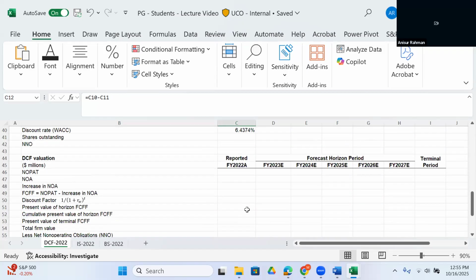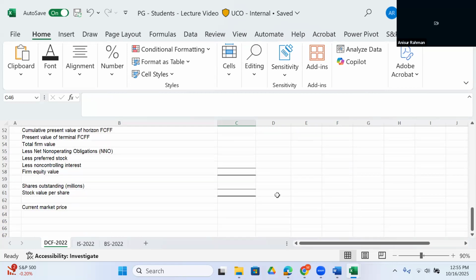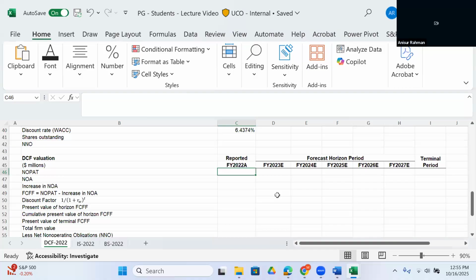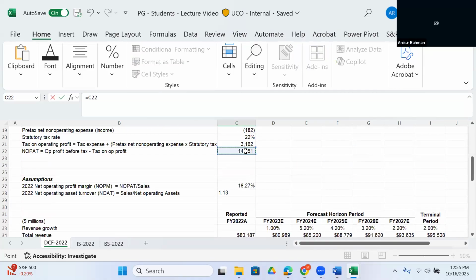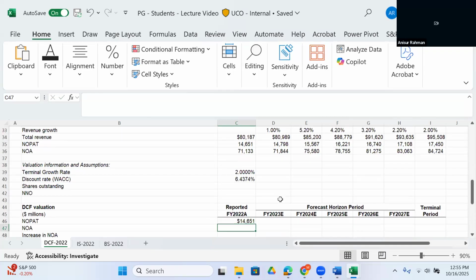So now this is our actual valuation template. So our NOPAT again is this much. So let me do this. So I'm going to delete this. I'll bring the NOPAT from this table so that I can pull across.